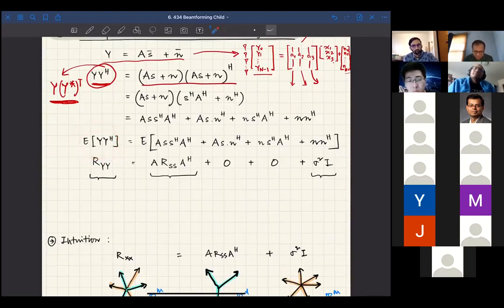That is nothing but A, expectation of the similarities or dissimilarities of the source signal, times AH. This is expectation of the noise and the source signal. So it's essentially saying, is the noise and the source signal on average similar, correlated, uncorrelated?